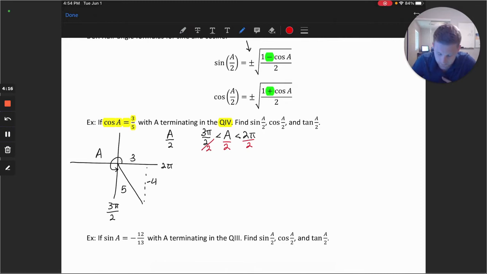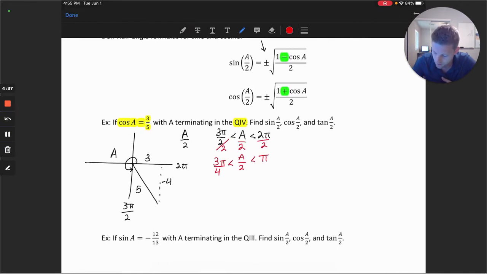So A over 2 will be between 3 pi over 4 and pi. So this A over 2 angle is going to be trapped between 3 pi fourths and pi.